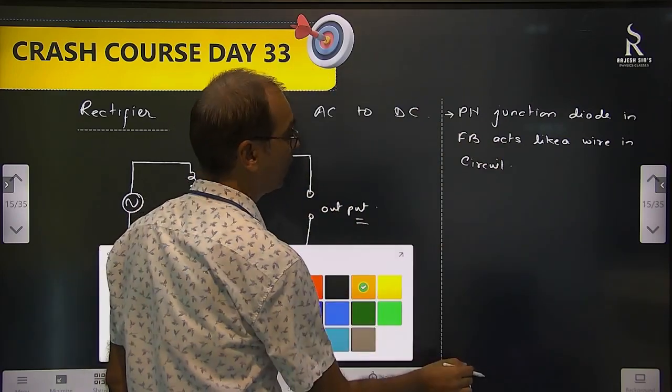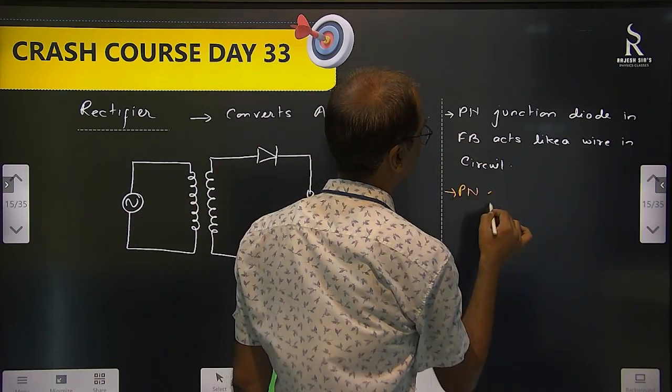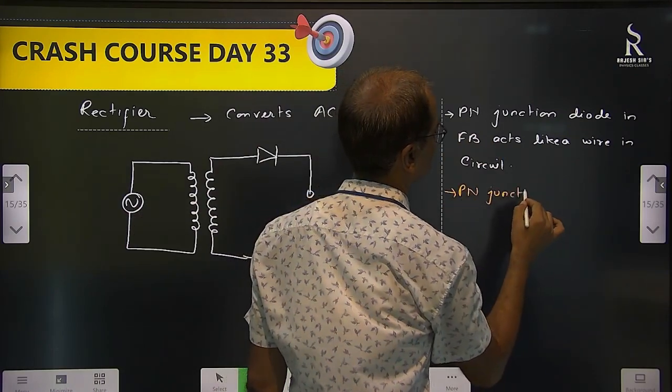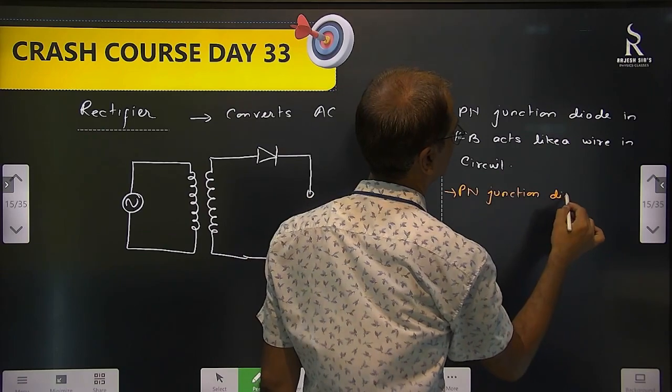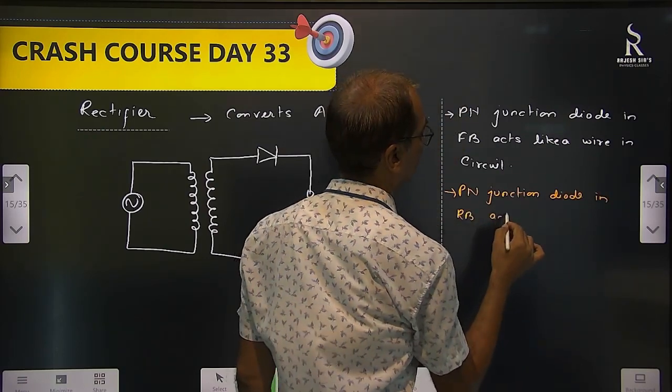And if it is in reverse bias, a PN junction diode in reverse bias acts like an open circuit.